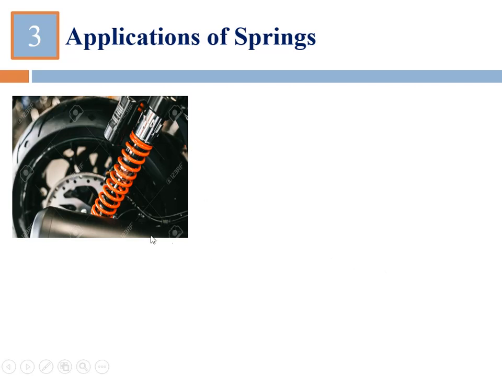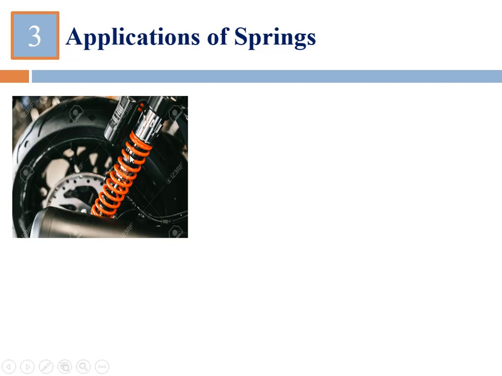So when your vehicle passes a pothole or any rough surface on the road or a speed breaker or any kind of bump, then the sudden load acts onto the spring and it gets compressed.